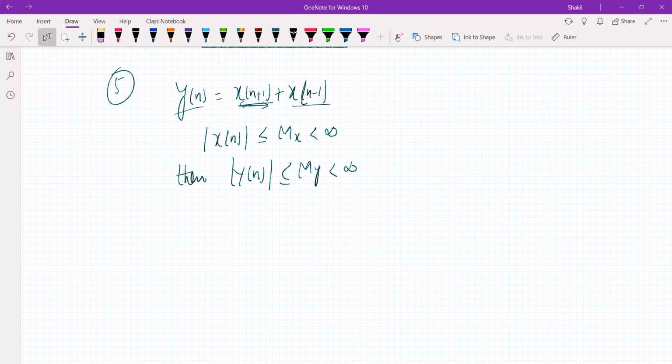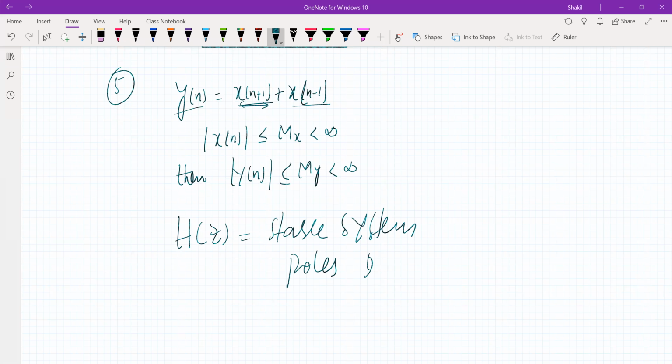From H of z, you can conclude it is a stable system. How? Because all the poles are inside the unit circle. How many poles are there? Only one pole, which is equal to 0. So this is one more way to check whether the system is stable or unstable.